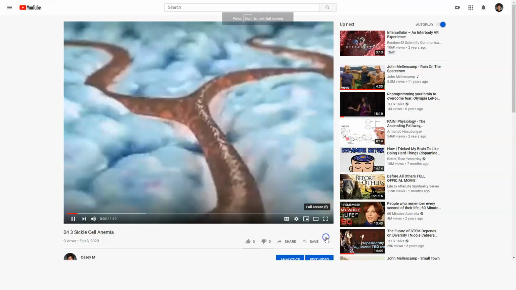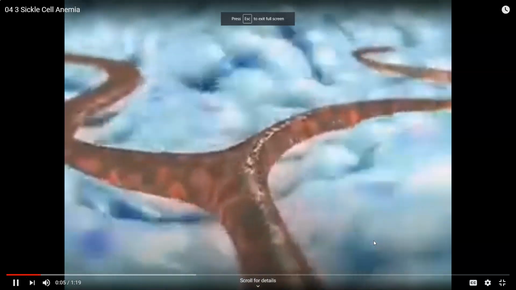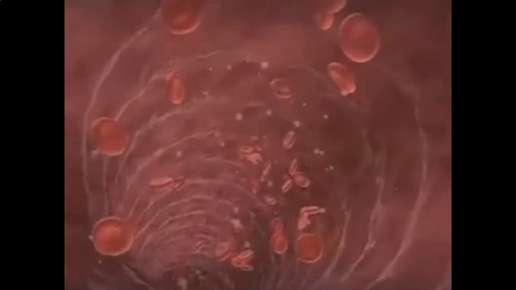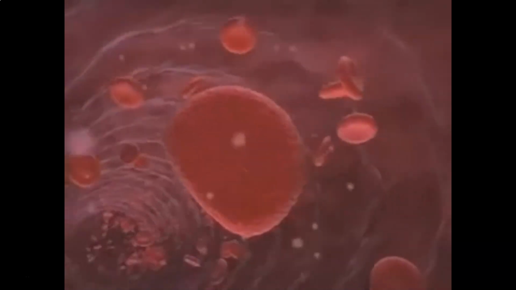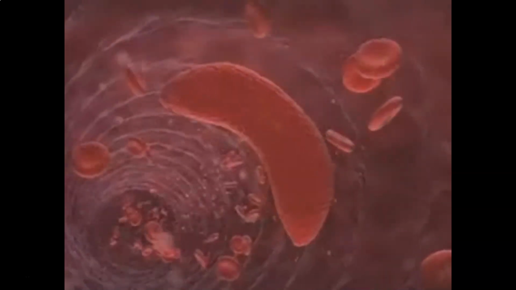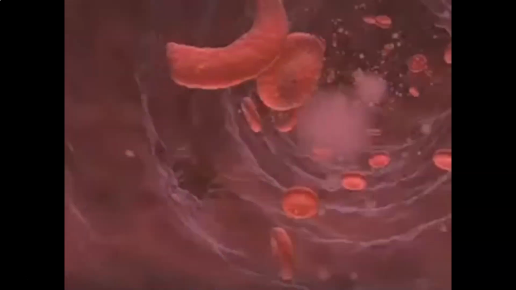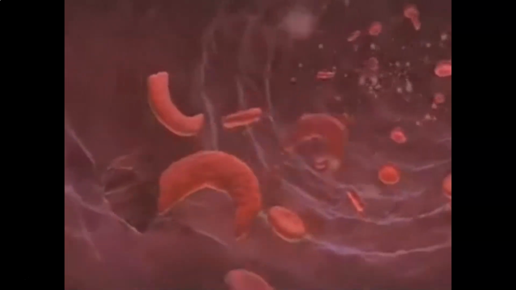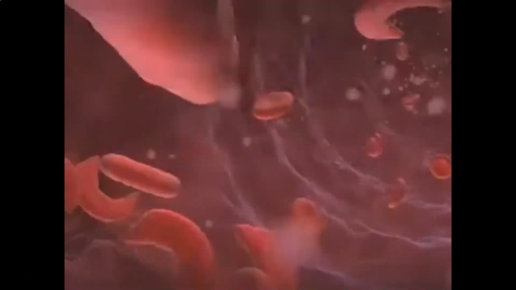Sickle cell anemia is a genetic disease that affects hemoglobin, the oxygen transport molecule in the blood. The disease gets its name from the shape of the red blood cells under low oxygen conditions. Some red blood cells become sickle-shaped, and these elongated cells get stuck in small blood vessels, so that parts of the body don't get the oxygen they need.